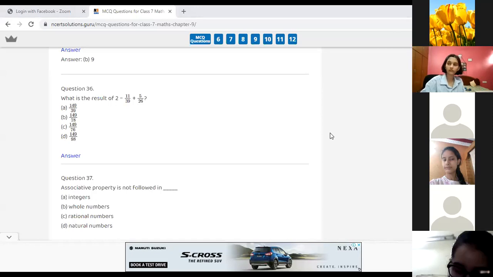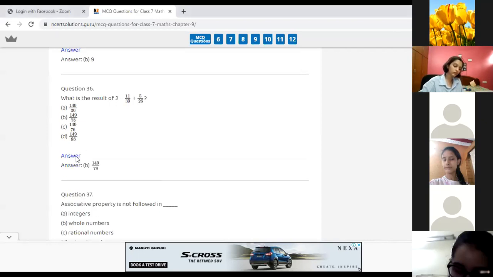It will be 78. LCM of 39 and 26 is 78. So B option will be, I think, correct.